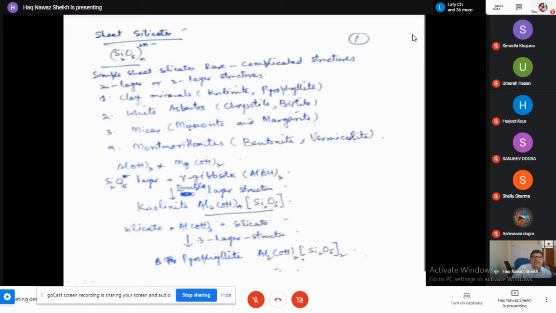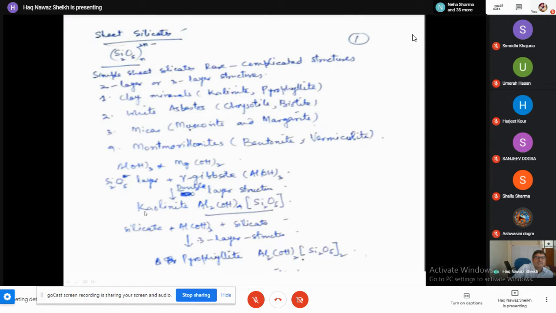So the silicate layer and aluminum hydroxide are held together. We have a double layer structure. This can be electrically neutral, provided you dislodge the OH negatives from the aluminum hydroxide. So this layer becomes positively charged, the silicate layer is negatively charged, so the positive and negative charges are neutralized and the double layer structure becomes electrically neutral.